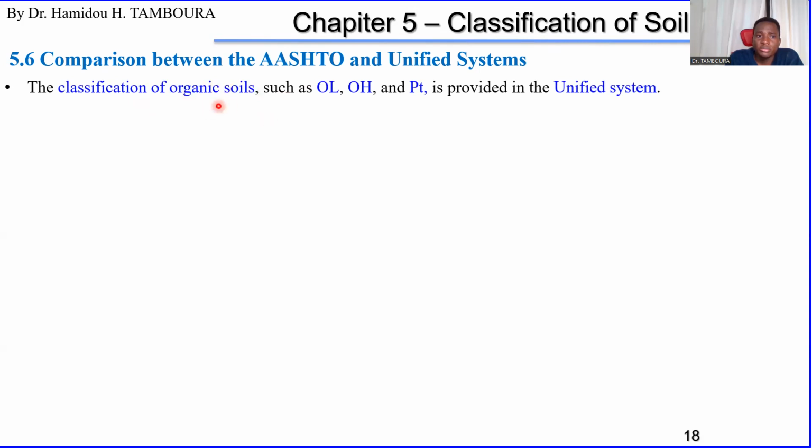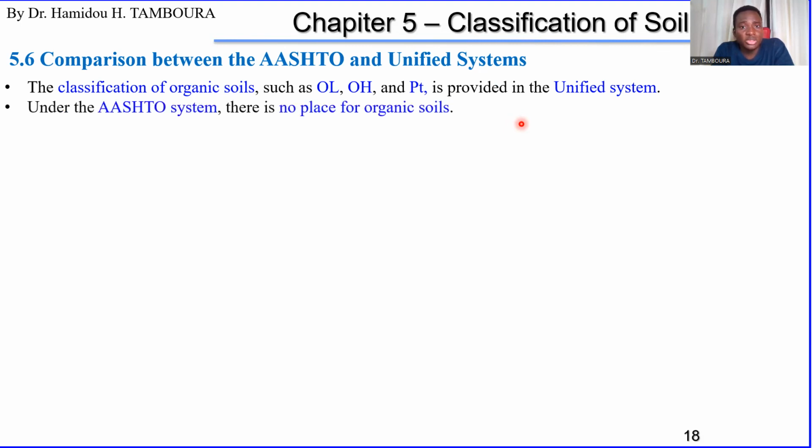Again, for the classification of organic fine soil, we have organic clay or silt with low plasticity, organic soil with high plasticity, and peat also. These are in the unified classification system, but we cannot find these in the AASHTO system, okay?